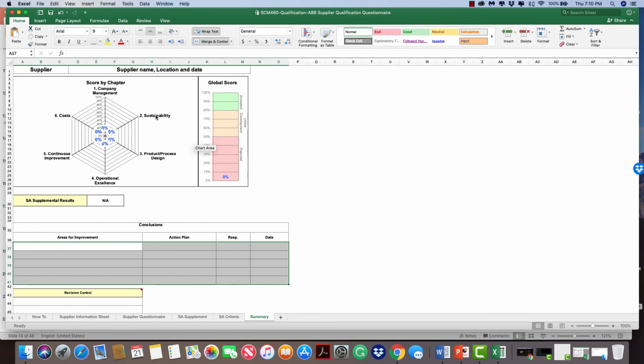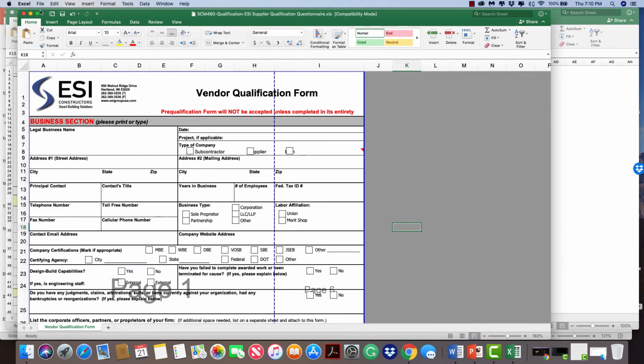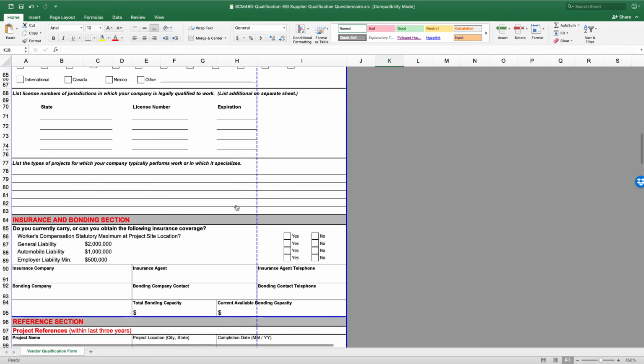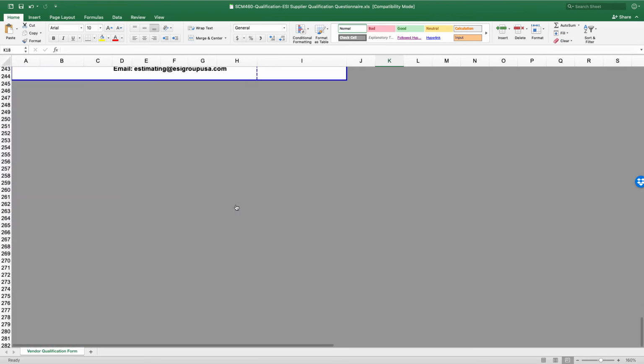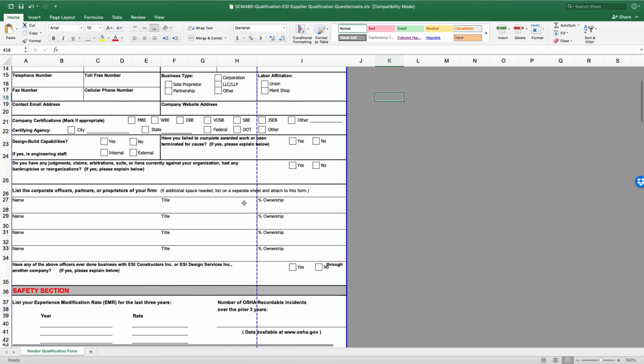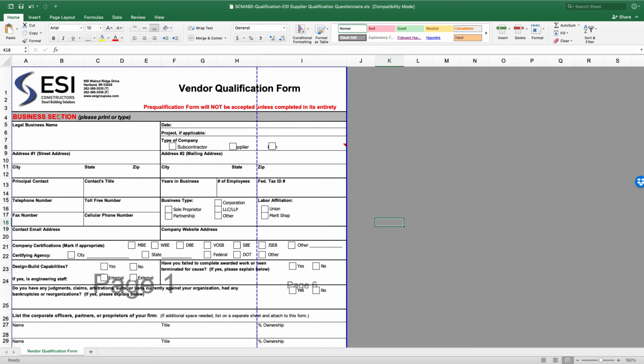Let's have a look at the other example. So EasyEye has still a good vendor qualification form, but you see it is just one sheet in Excel, with different sections, general information about the business.